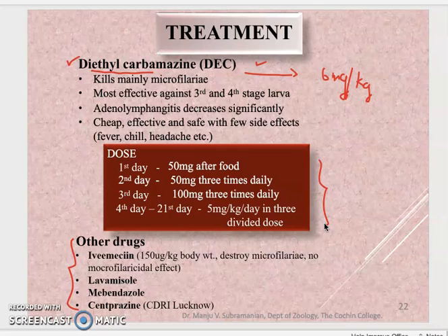So these are the 3 divided doses through which we can give. This varies according to the rate of infestation. The dose also varies. Anyway, this drug diethylcarbamazine, that is DEC, is widely used for the treatment of Wuchereria bancrofti.